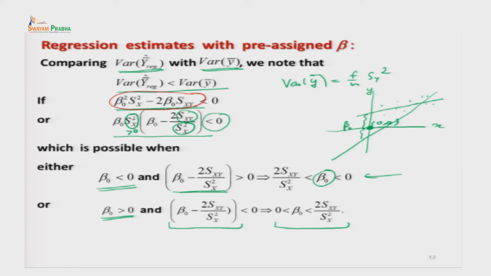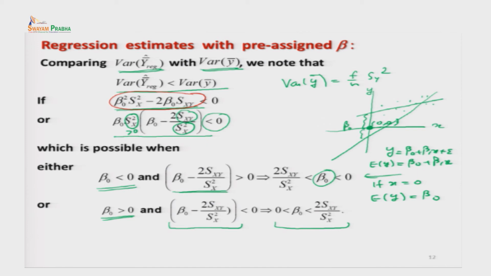What is the meaning of the intercept term? If you try to recall, you had this relationship y equal to beta 0 plus beta 1 x plus epsilon. Now if you take the expectation, this becomes beta 0 plus beta 1 x, right. So if x is equal to 0, then the expected value of y becomes beta 0.